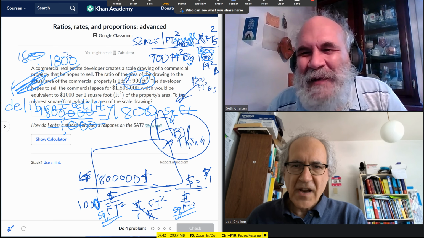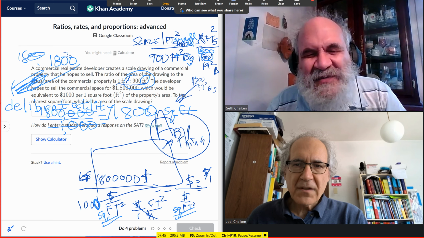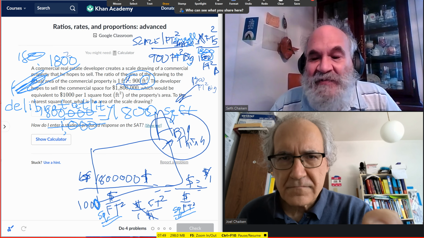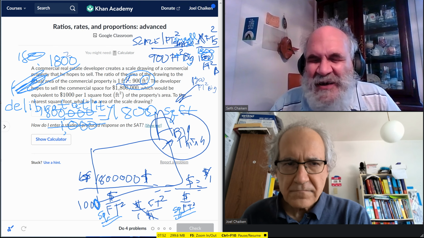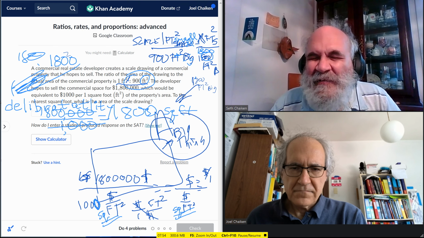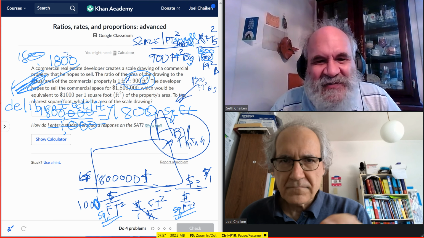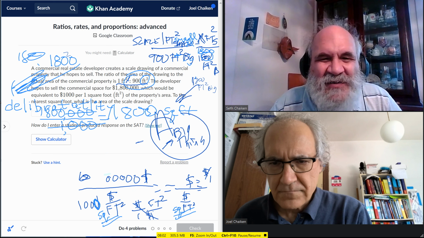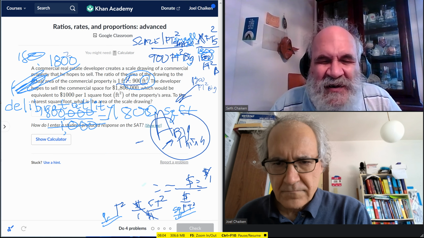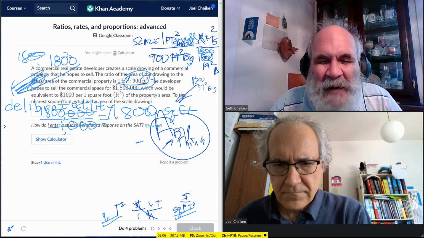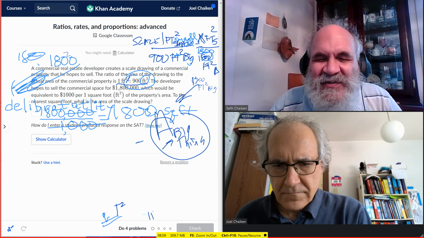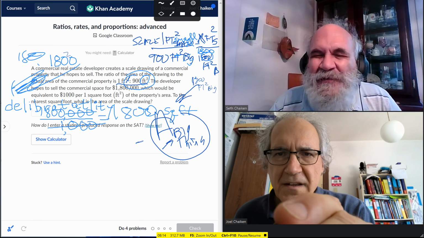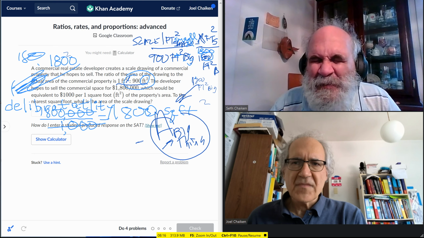Now this problem does not involve the much more tricky issue as follows. If the scale of the drawing is 1 square foot of drawing to 900 square feet of property, what is the length scale? What is 1 foot in the drawing?